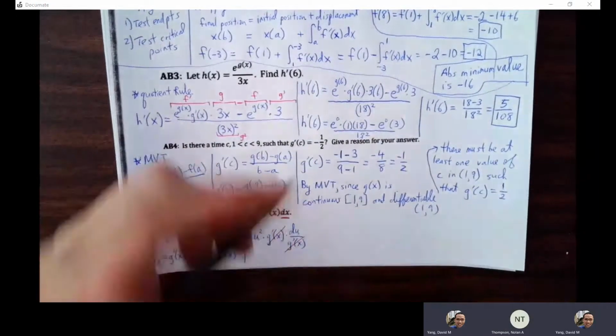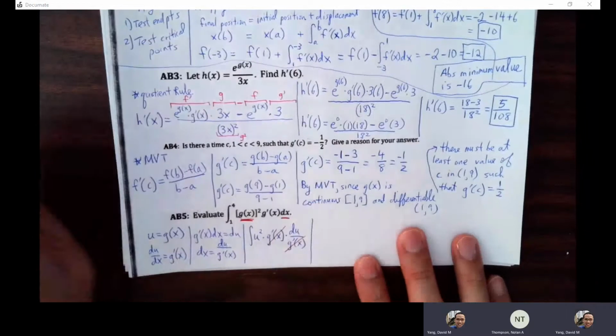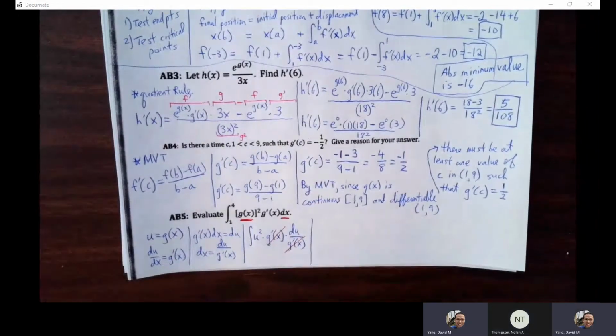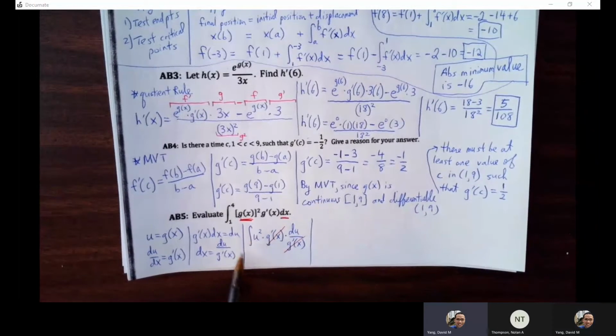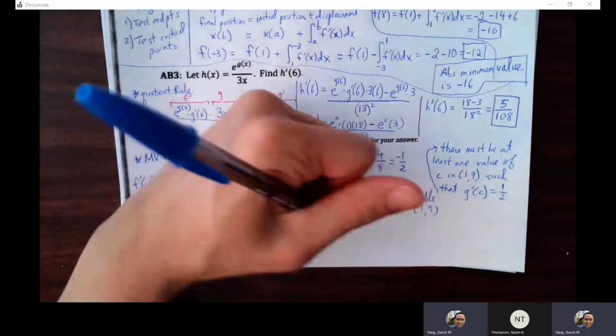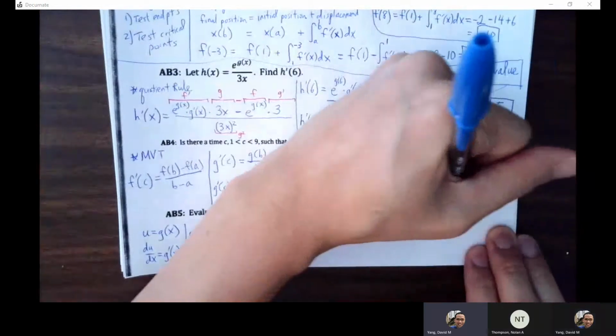So do we find the antiderivative of that? Yes, we'll have to find the antiderivative. But before we do that, let's get the bounds ready. So we have to adjust the bounds, right? Because right now it's out of place. This is in terms of x, but our expression is turning into in terms of u. So we'll convert the bounds.